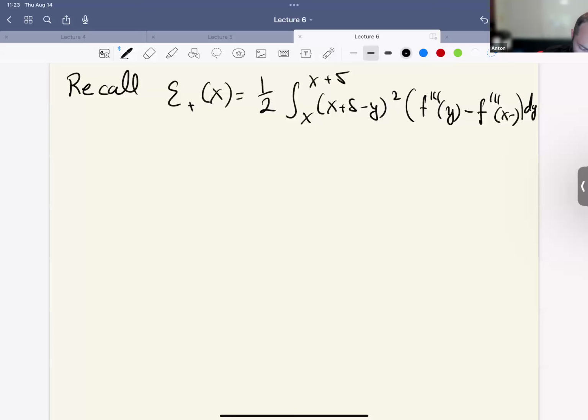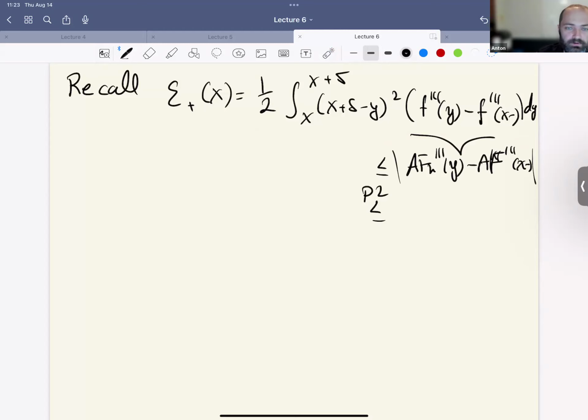Okay, so very quickly, if we want, again, a rough argument of how to bound epsilon plus, this thing, of course, is going to be replaced by f sub h triple prime of y minus f sub h triple prime of x minus, and this by property number 2.